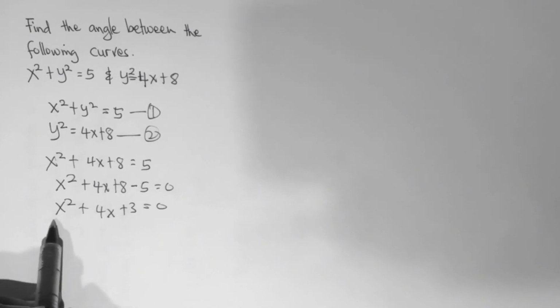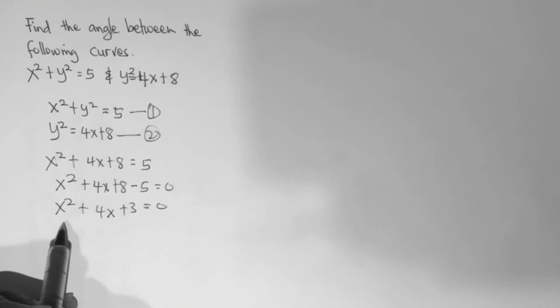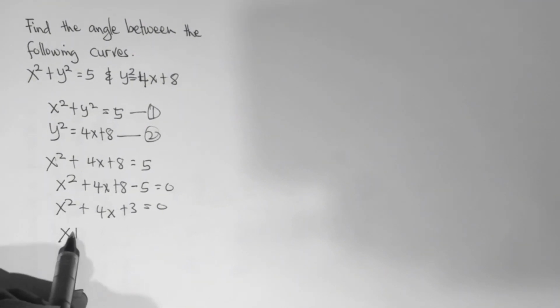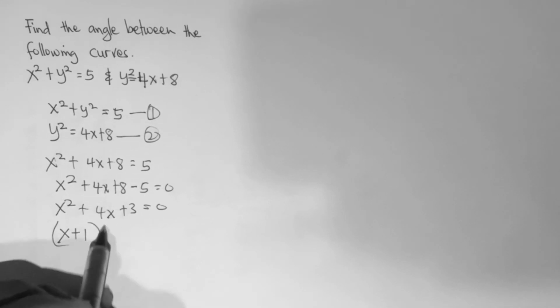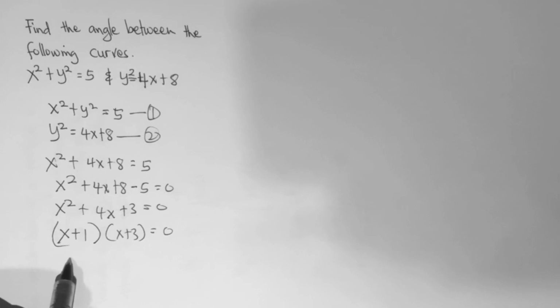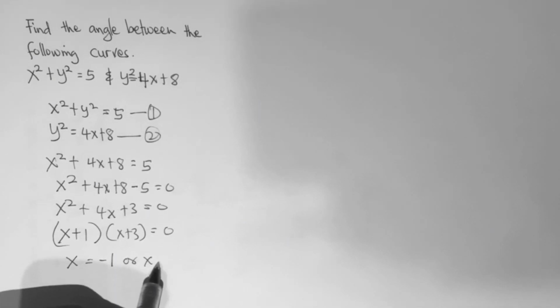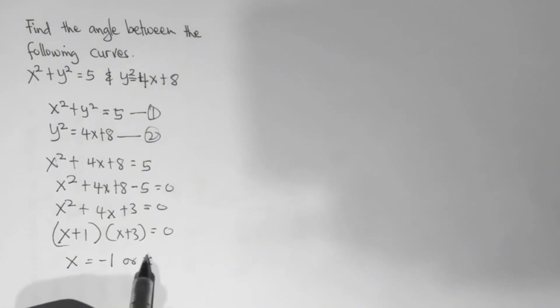We need two numbers that when we multiply you get 3, but when you add you get 4. So those numbers are 1 and 3. So now (x plus 1)(x plus 3) is equal to 0. So the values of x are x equals minus 1 or x equals minus 3.